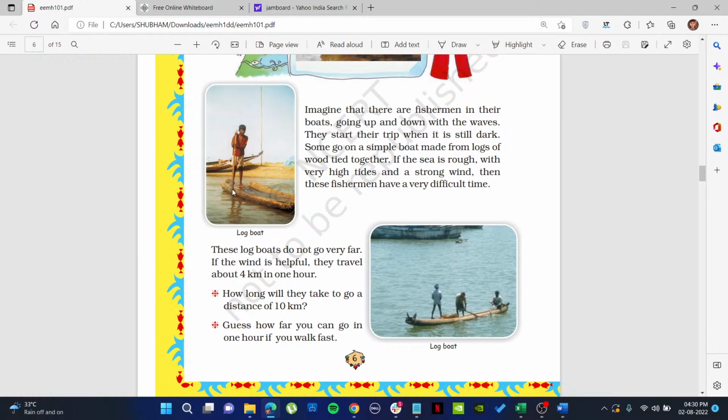Here we can see a simple boat, made of wood which has been tied together. If the sea is rough with high tides and strong wind, then this fisherman might have a very difficult time because it feels very scary.